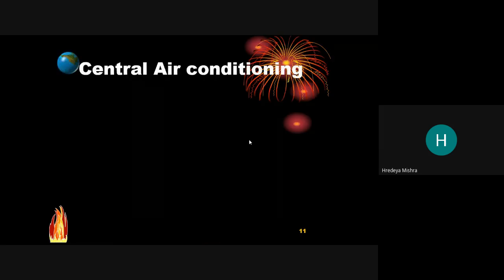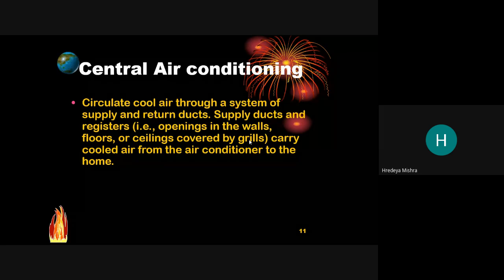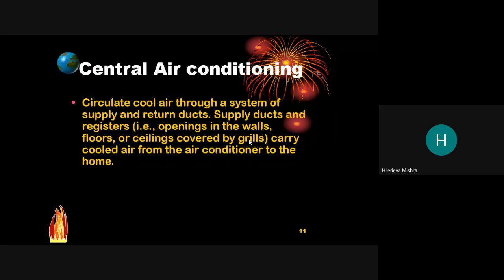So central air conditioning, what is that? It circulates cool air through a system of supply and return ducts. Supply ducts, operating in the wall, floor or ceiling and covered by a grill, carry cooled air from the air conditioner to the room, to the home.